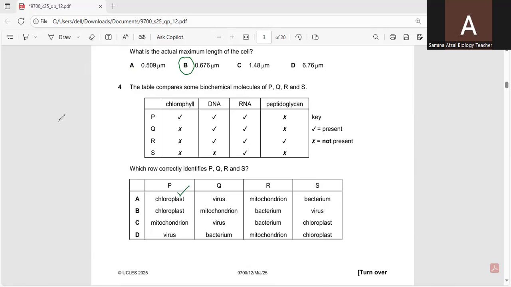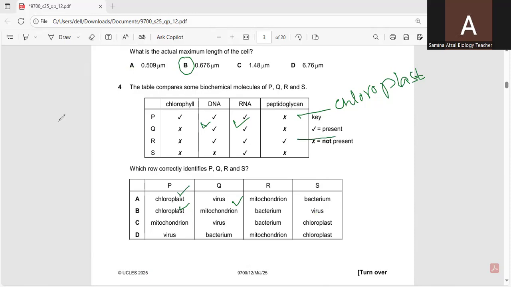So with P, we will go with chloroplast. Second is Q, which has no chlorophyll, but DNA and RNA. Yes, DNA and RNA are present in mitochondria. So Q is mitochondria. And then R has DNA, RNA, and peptidoglycan.